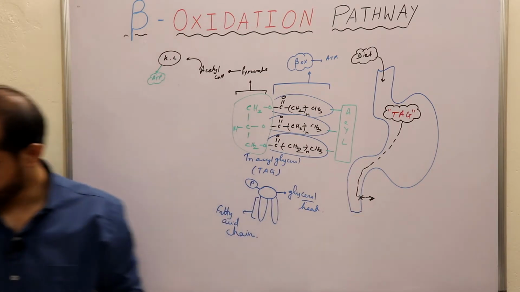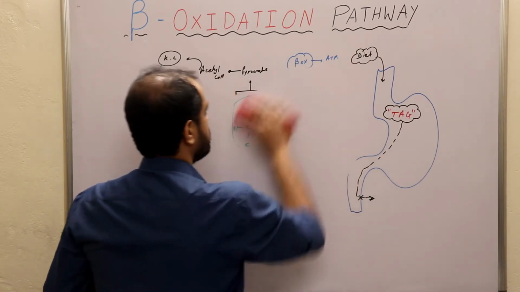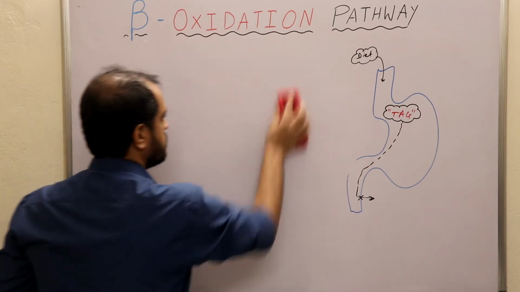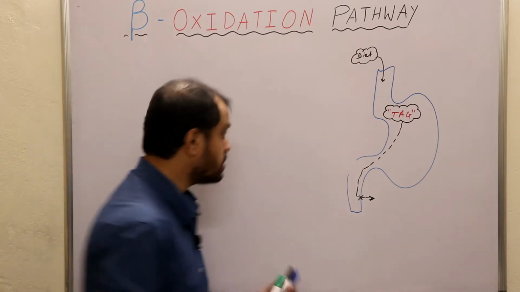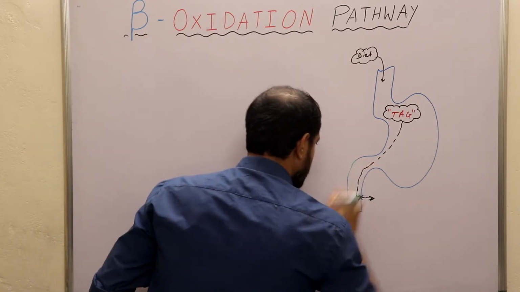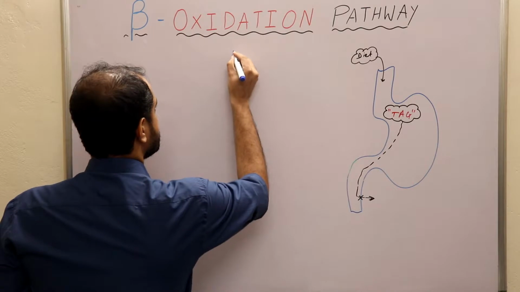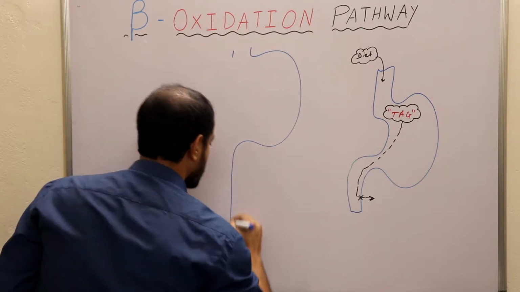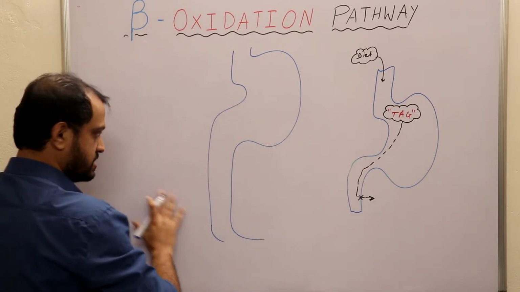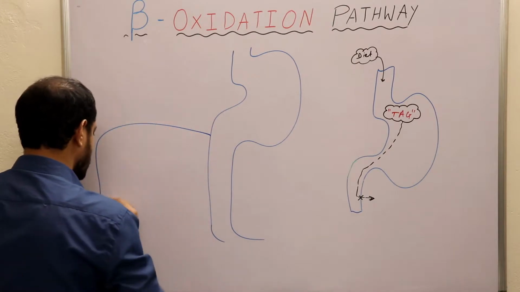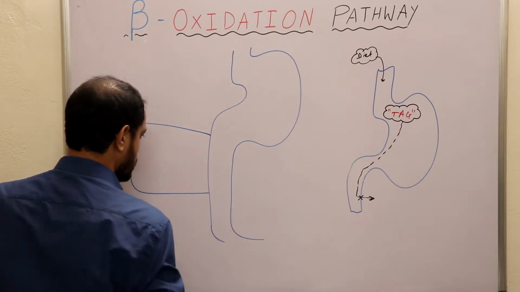Now listen. Suppose this is your GI tract and this is your small intestine, and suppose this is your small intestinal cell.